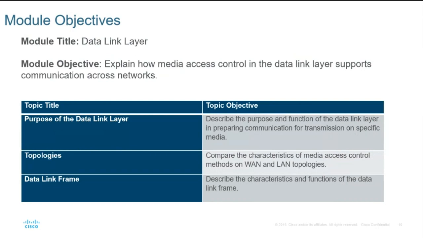So, 3 topics lang tayo dito: the purpose of the data link layer, to describe the purpose and function of the data link layer in preparing communication for transmission on a specific media; then the topologies, to compare the characteristics of media access control, or MAC methods, on WAN and LAN topologies; and the data link frame, to describe the characteristics and functions of the data link frame.